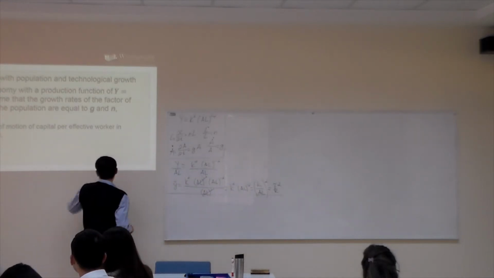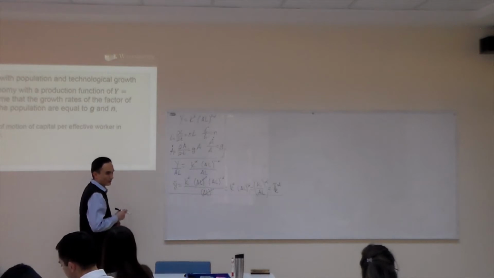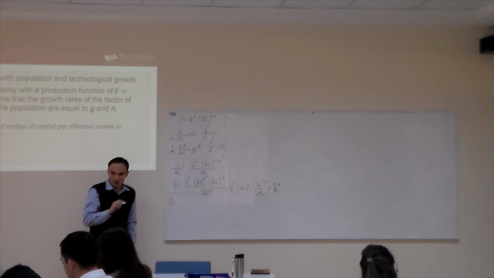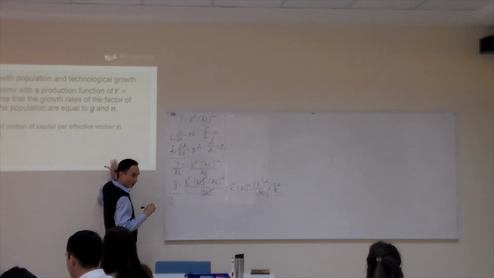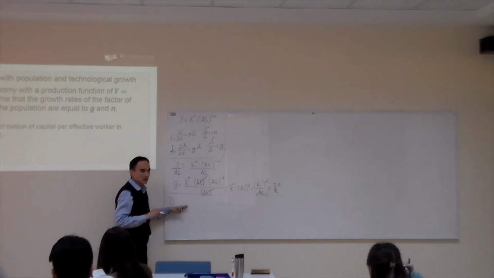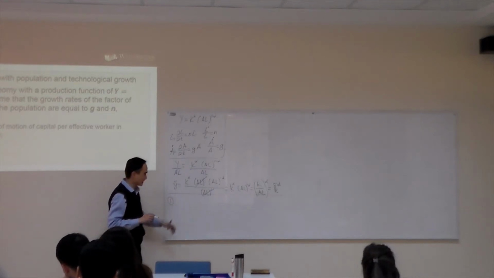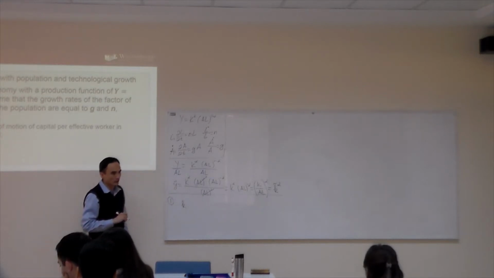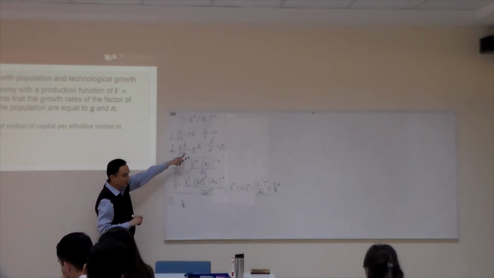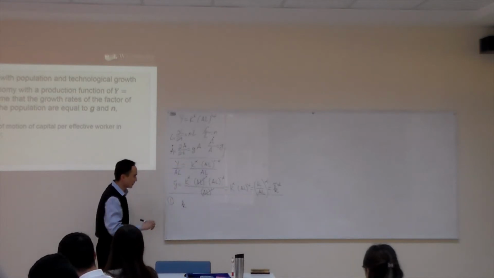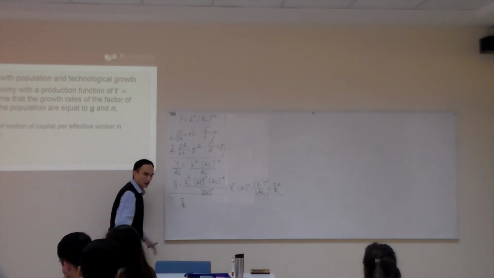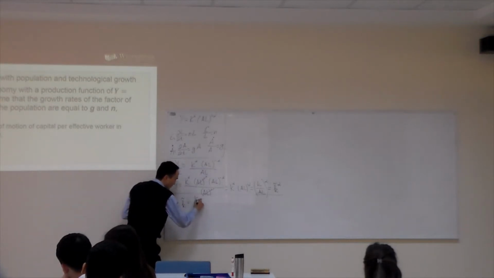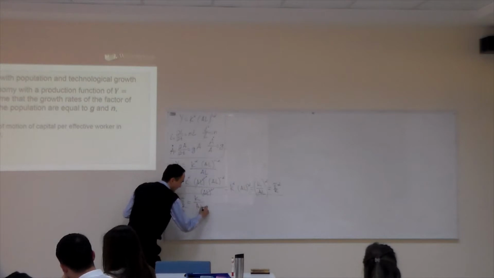So now let's derive the law of motion, the Solow equation. So step number one, when we derive in continuous time the law of motion with and without population growth, yes, we consider what our capital per worker is equal to. But now, because we have technology which is growing included, we are going to consider what our capital per effective labor is equal to, which is equal to capital stock over effective labor.